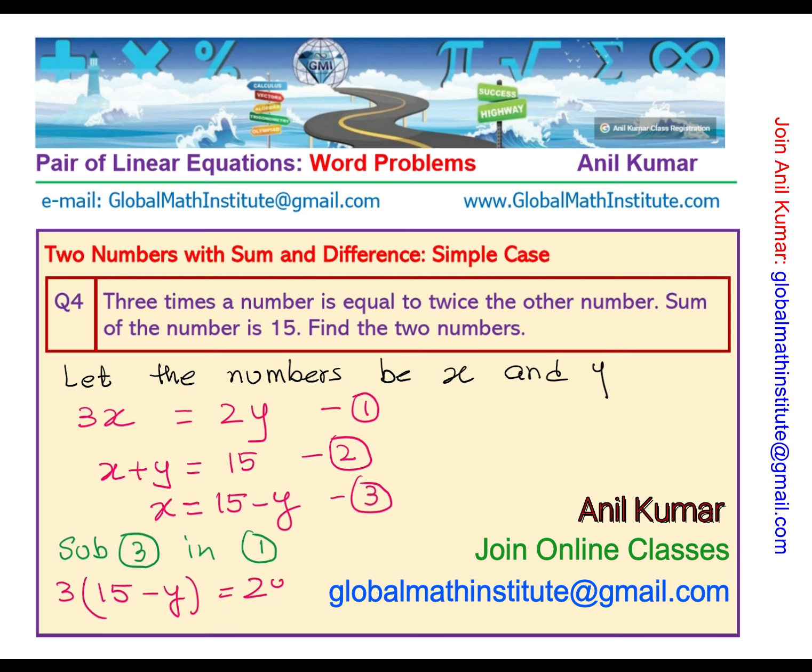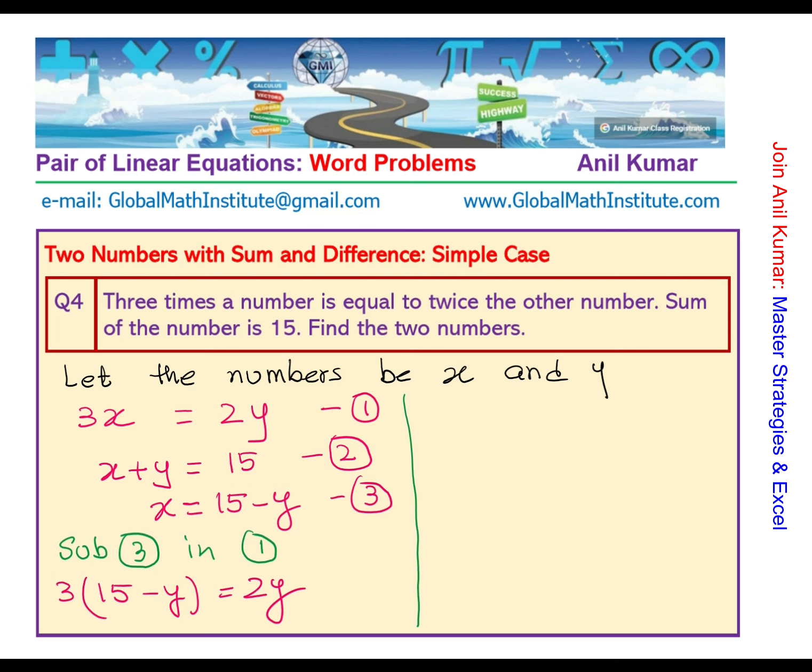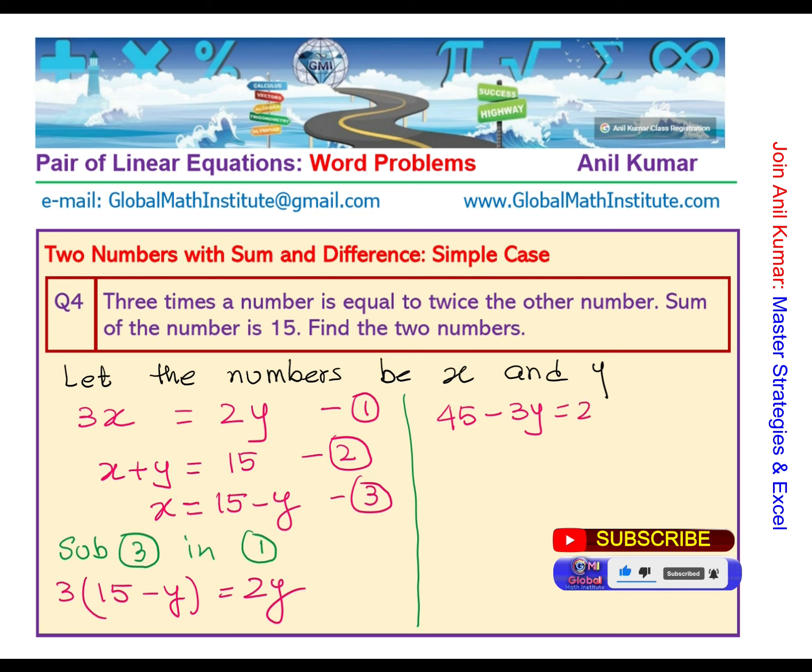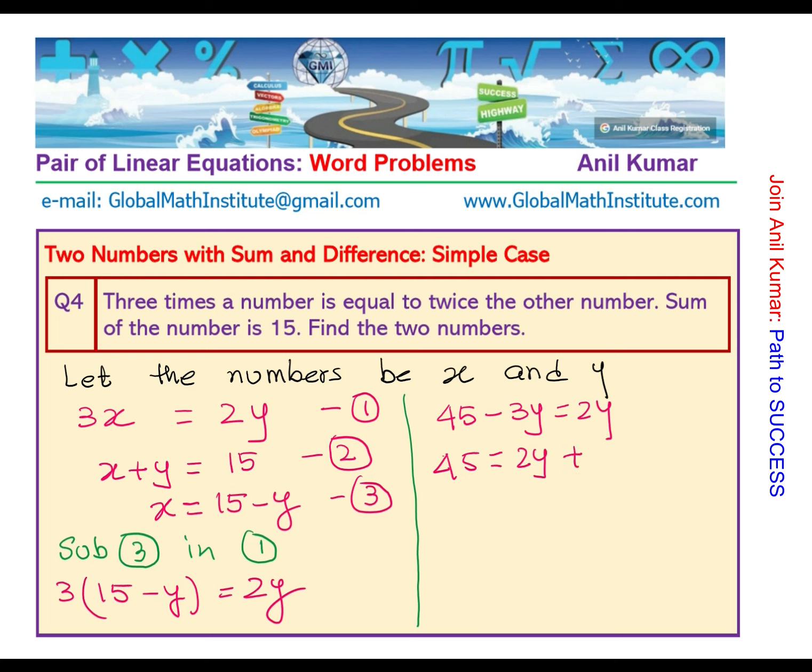Equals 2y. Now that results in one equation with just one variable y, which we can now find. Clear? So let's apply the distributive property. 3 times 15 is 45 minus 3y equals 2y. 45 equals 2y plus 3y. 45 equals 5y. 45 over 5, solving equations is an easy process.